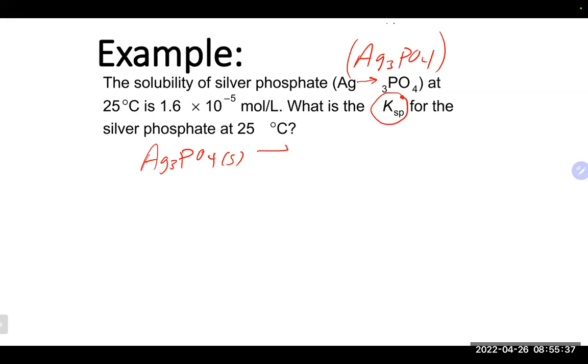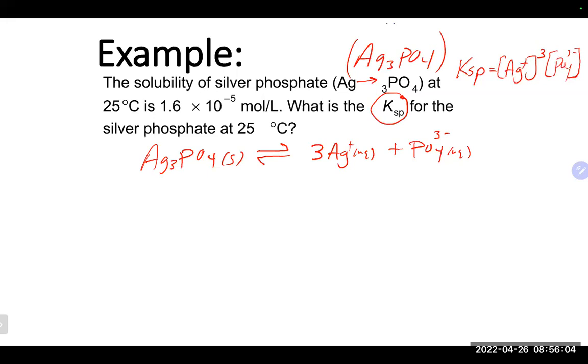This is going to break apart into 3 silver ions and a phosphate ion here. The Ksp expression for this would be the silver concentration cubed times the phosphate concentration.